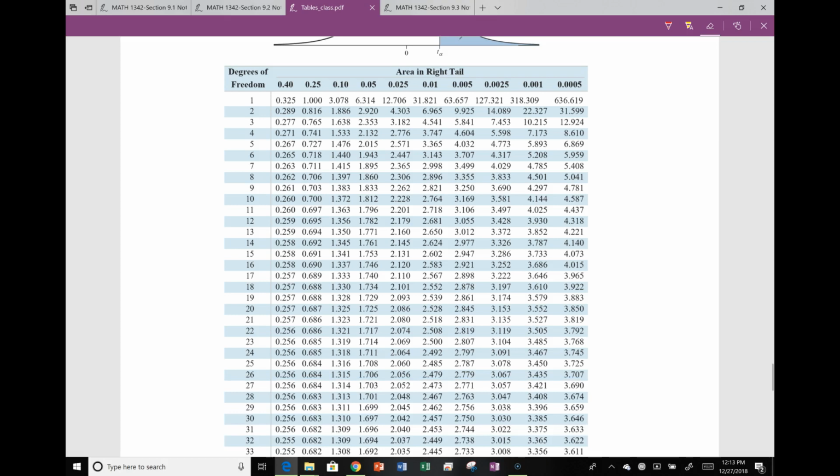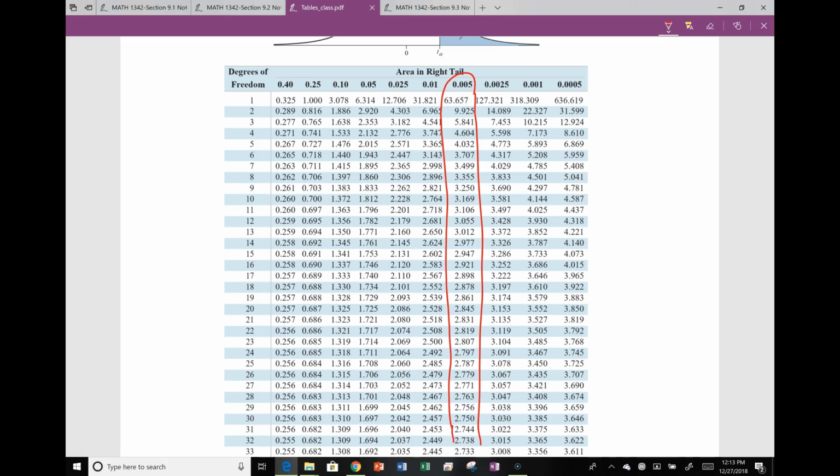Reason why I want to know that is this table gives me the amount in the right tail, not the full alpha, just what is in the tail portion. So we had a 0.01, but because we had to divide it by 2, we're actually looking at this column here.